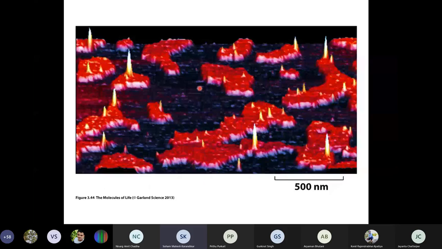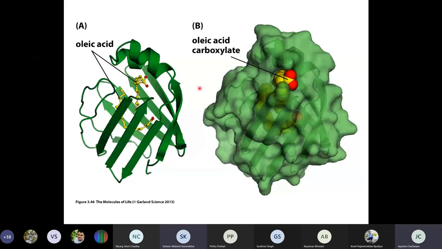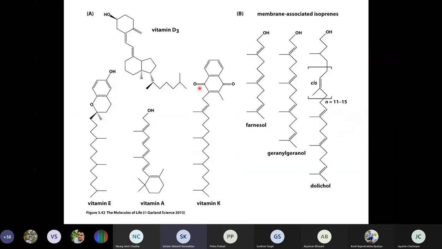No, on the same slide, the initial slide, like A and B. Initially we were talking about vitamins which can be used to shuttle the proteins, and then you talked about vitamins not being used to shuttle the proteins. I didn't get those two or three sentences which you said.